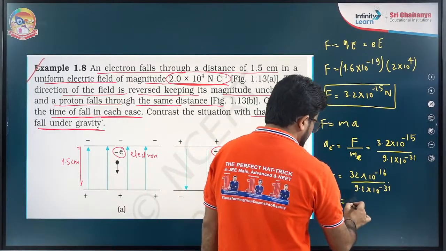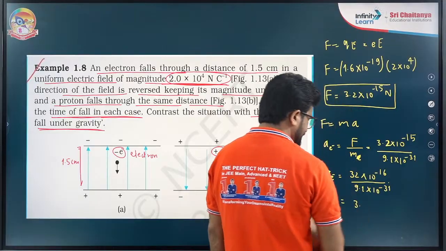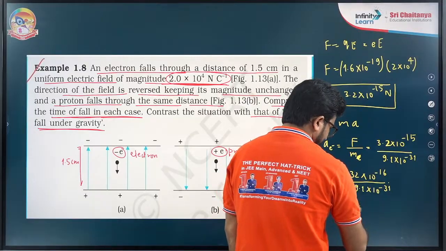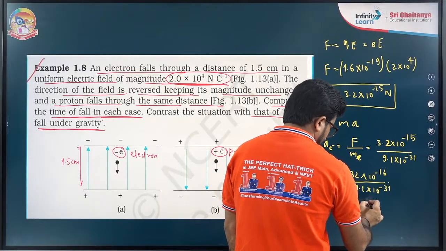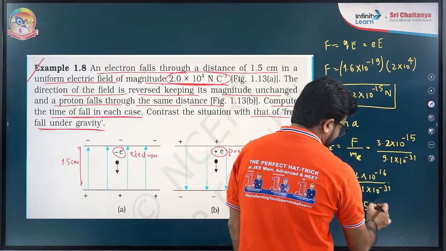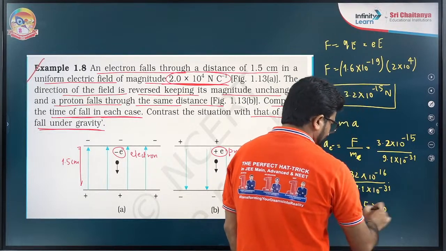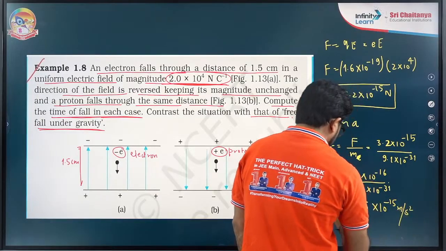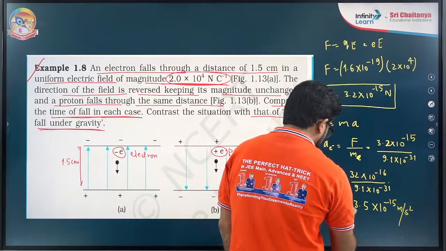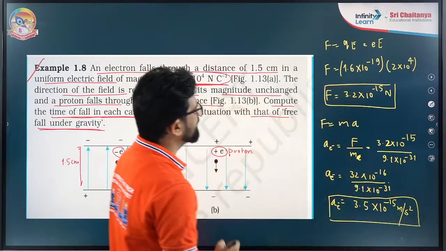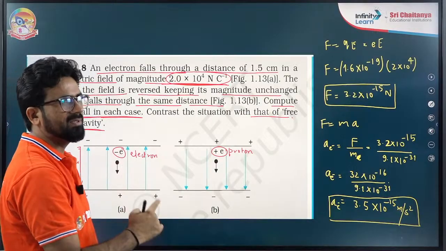If you divide it, this would be approximately 3.5 into 10 to the power 15 meter per second square. This is the acceleration of the electron. You can check it and calculate it.